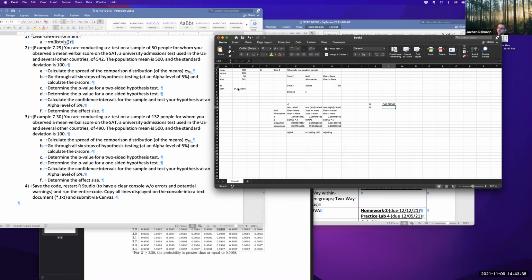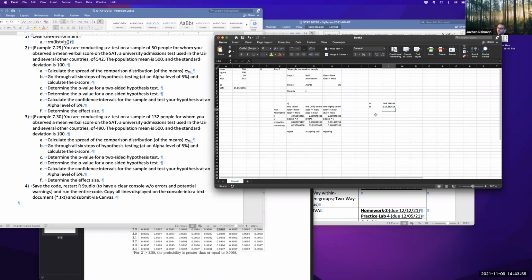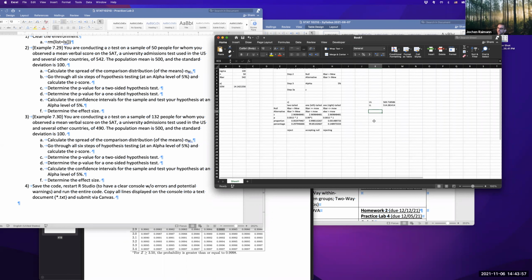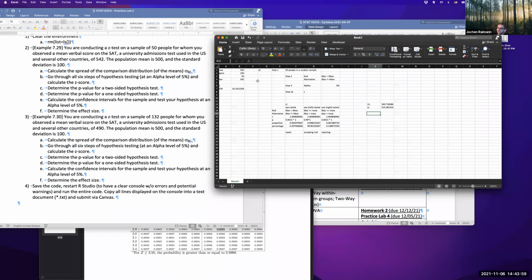That's your upper limit. And your lower limit is x bar minus 1.96 multiplied by the standard error. That's 514 and 560 or 579. So now is this containing your mu? It's not. This is where it's significantly different for two-sided hypothesis test.